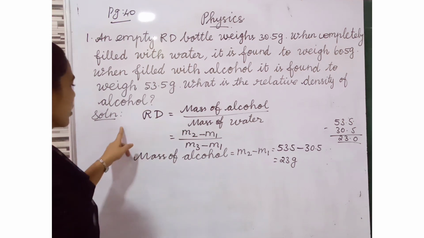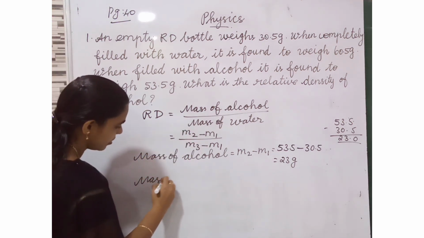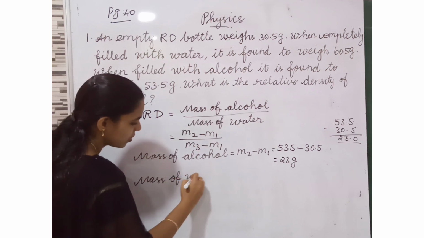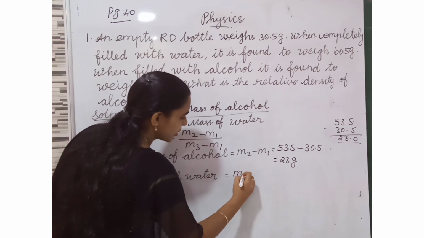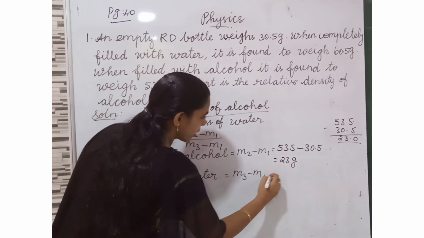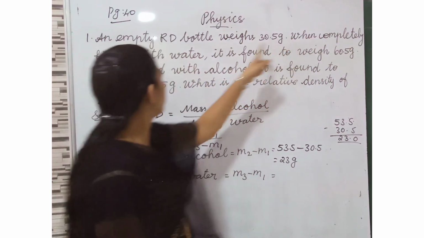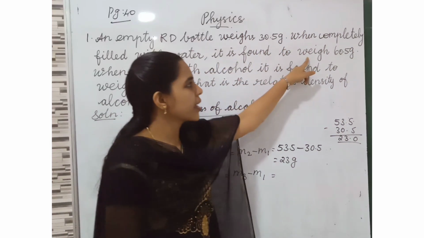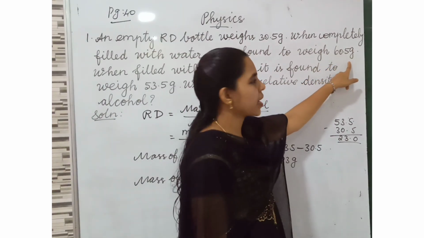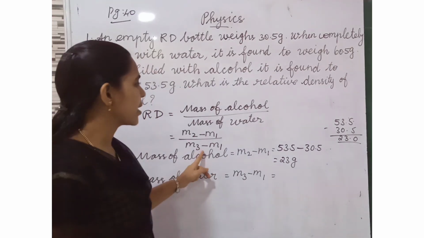Listen here. Next one is mass of water. Mass of water is equal to M3 minus M1. M3, listen here. When completely filled with water, it is found to weigh 60.5 grams. So, mass of water is equal to M3 minus M1.